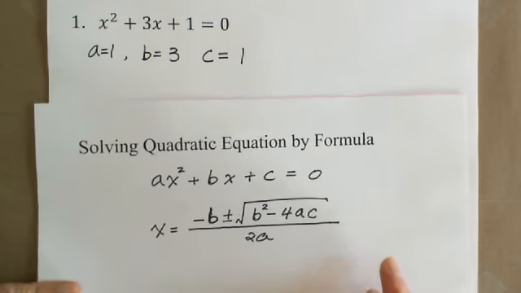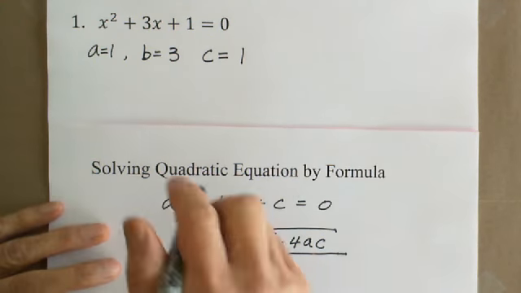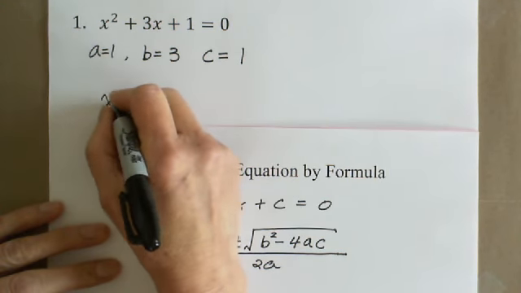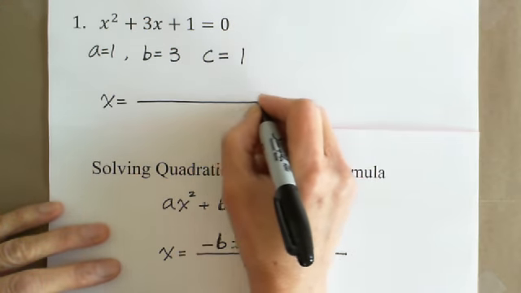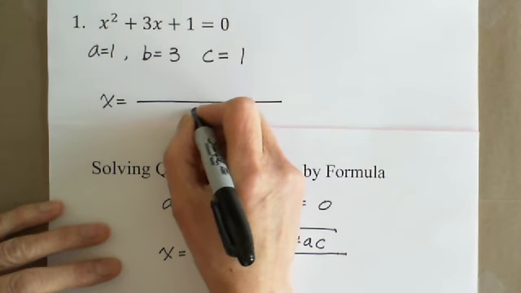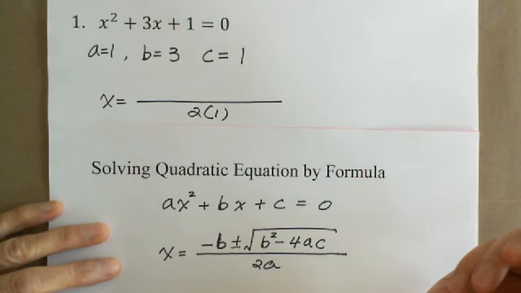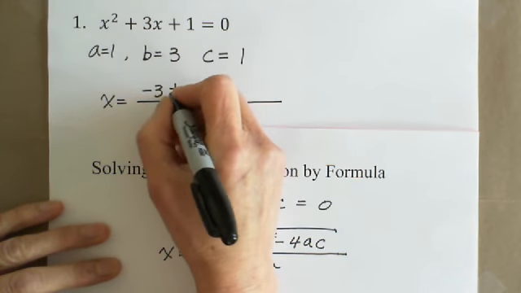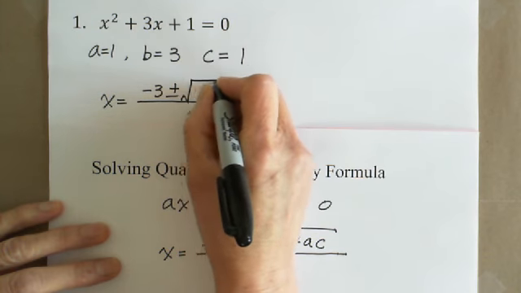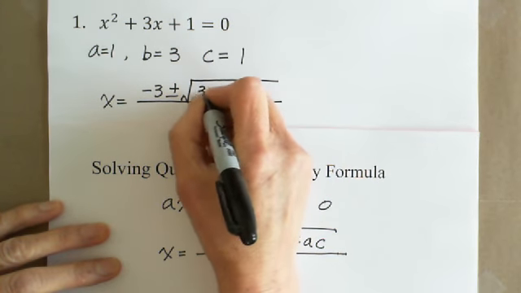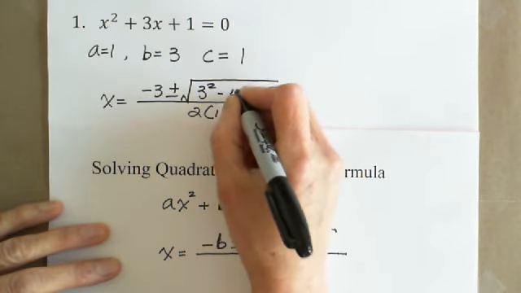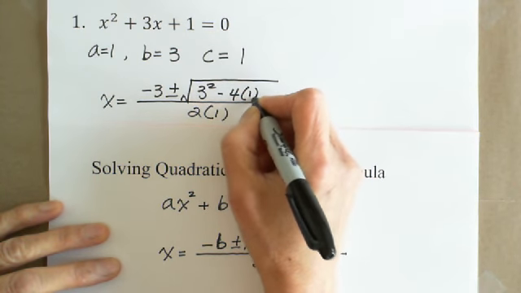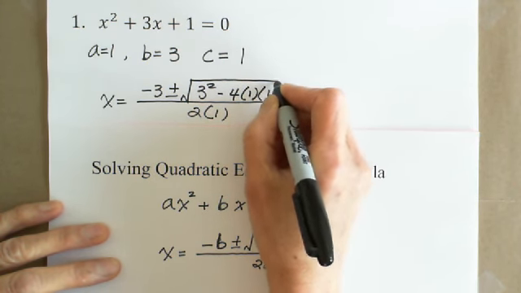And we can plug into the formula. We have x equals 2 times a, 2 times 1, negative b, negative 3, plus minus square root of b squared, which is 3 squared, minus 4 times a, which is 1, times c, which is 1.